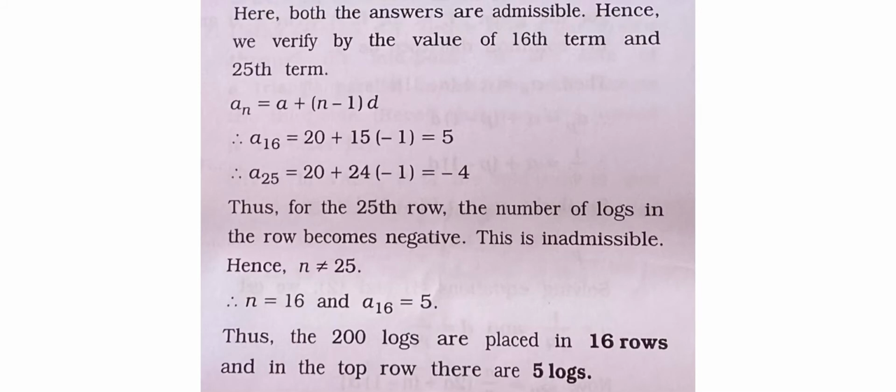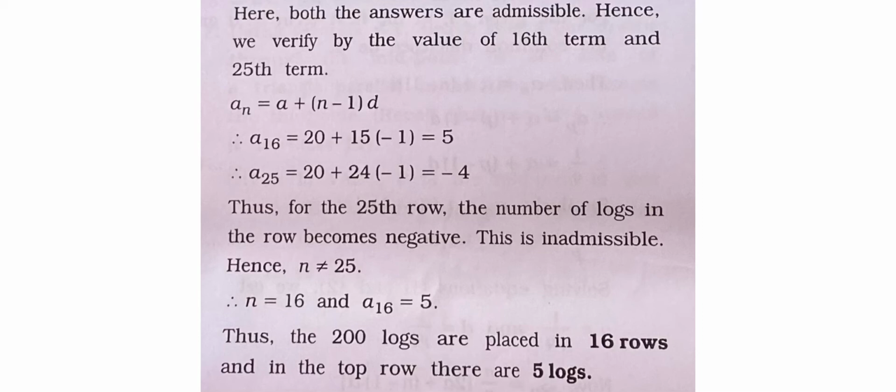Now here n is equal to 16 and n is equal to 25 both belong to natural numbers, so both answers are admissible. Hence we will verify the value of the 16th term and 25th term. So an is equal to a plus (n minus 1)d. So a16 is equal to 20 plus 15 into minus 1, that is equal to 5, and a25 is equal to 20 plus 24 into minus 1, that is minus 4.